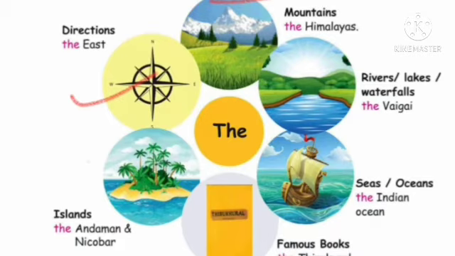In the same way, the sun and the moon. Okay. Rivers, lakes and waterfalls, oceans, seas. We are using the before these: the Indian Ocean, the Pacific Ocean, the Atlantic Ocean, the Andaman and Nicobar Islands. Before the islands also we are using the.